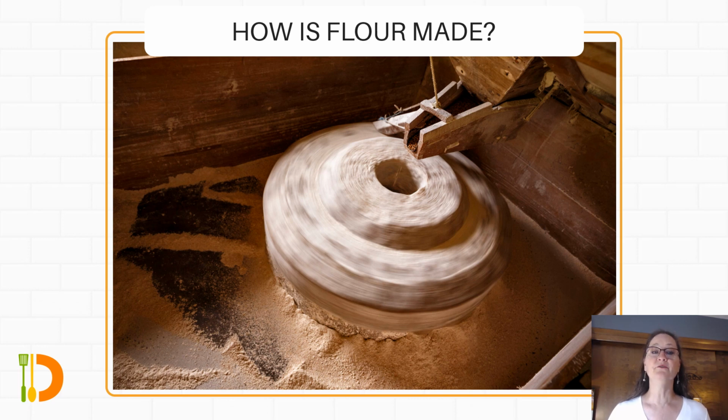Modern milling uses a series of machines to remove and separate all parts of the grain and process them separately. Sometimes they are reintroduced together, as in whole grain flour, and other times they remain separated, as in processed flours. Flours also can be bleached unnaturally white, so you may see some white flours noted as unbleached white flour.